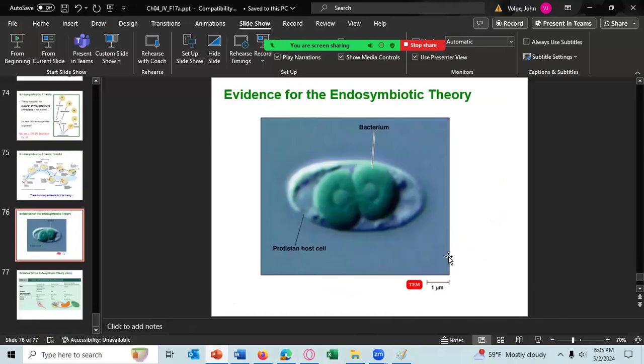We also have some other evidence for the theory occurring, and that is we have some protists which can take on other cells like this.